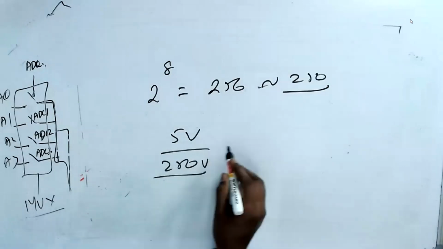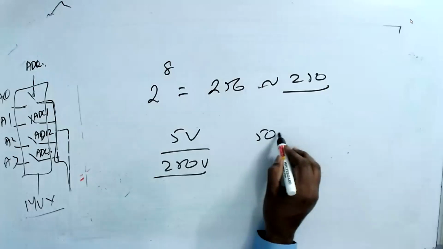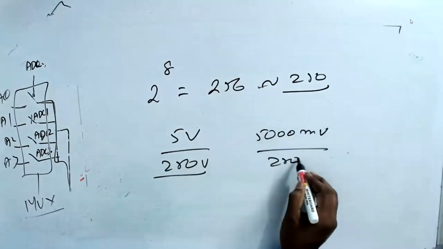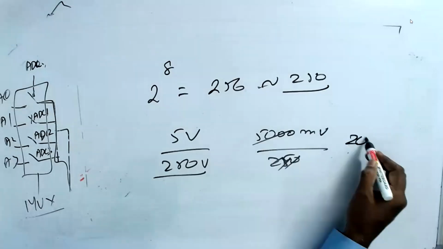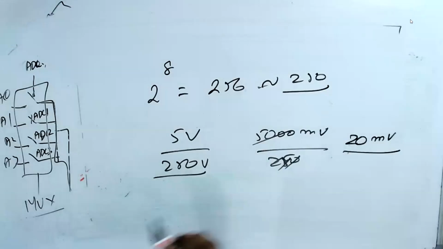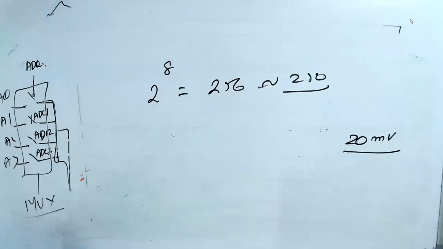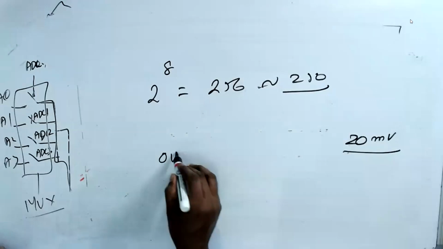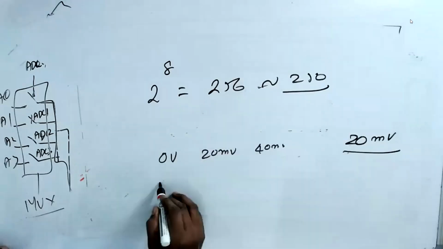That means 5000 millivolt divided by 250 gives 20 millivolt. That means everything will be increased by 20 millivolt steps: 0 volt, 20 millivolt, 40 millivolt. This is 0, this is 1, this is 2, 3 means 60 millivolt.